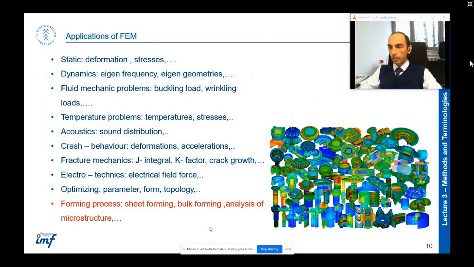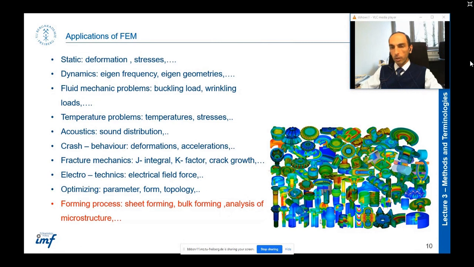We will talk here more about metal forming, but it's very diverse. As I said, in statics, like designing a building, in dynamics, fluid mechanics, which is called CFD, temperature problems, acoustics, crash behavior, and fracture mechanics, and many different applications. You can see on this figure here, it's maybe more than 100. It's just on metal forming, but you can see how FEM can help in metal forming and forging.